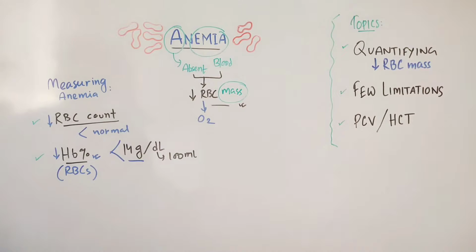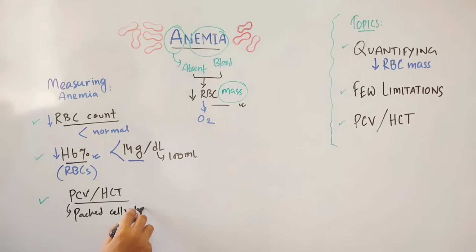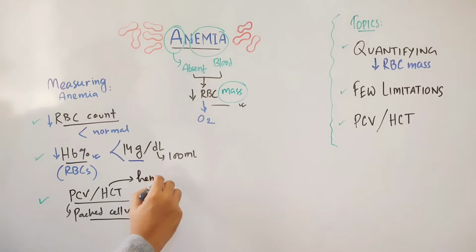Now let's move on to the third one. That is a very reliable test, you could say, but not very specific. That is the PCV, or hematocrit. What does PCV stand for? It stands for packed cell volume. The volume of RBCs is known as PCV, and hematocrit is the alternative word for that.